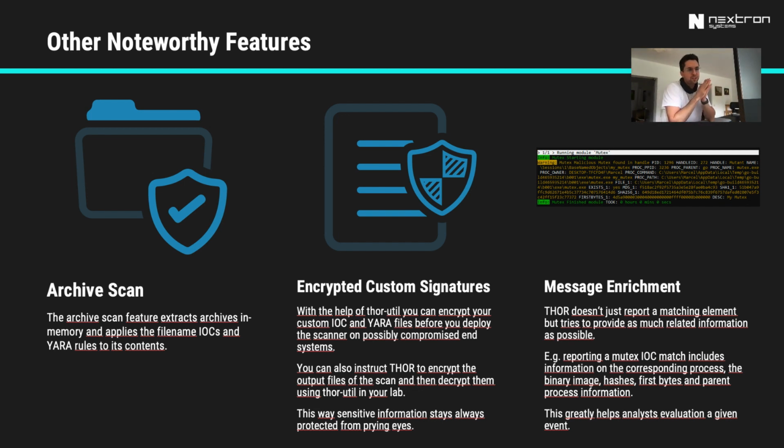Another really nice feature is the message enrichment. Every message gets enriched with more information. So if, for example, in the professional version, we use the shimcache module, and the only thing we see in the shimcache module is the file name and path and SHA-1 hash, then we wouldn't just print these two values, but we would also evaluate all the other attributes that you would see also in file scan, like the owner of the file and the other hashes.